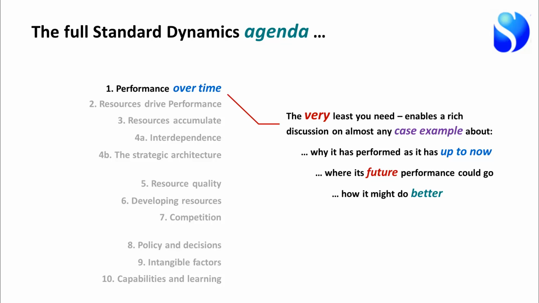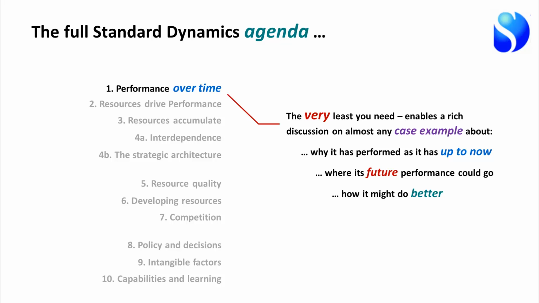The course starts with clarifying this point that the focus of strategy needs to be about how an organisation is going to improve its performance over time. We're not interested in static ratios. We want to grow profits. We want to win customers, that kind of thing.